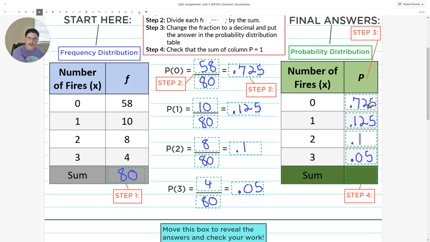Well, 0.725. What's the probability that they'll have to deal with 2 fires on any given day? 0.1. Versus a frequency distribution table, which tells you how many days did they have 0 fires? 58 days. How many days did they have 2 fires? 8 days. Those are the differences between the two tables.